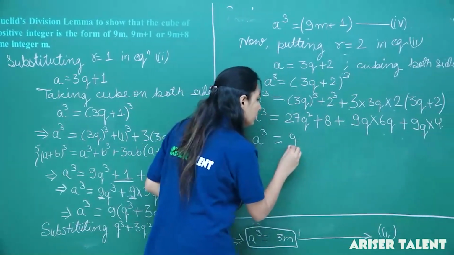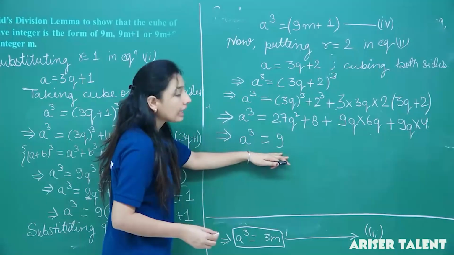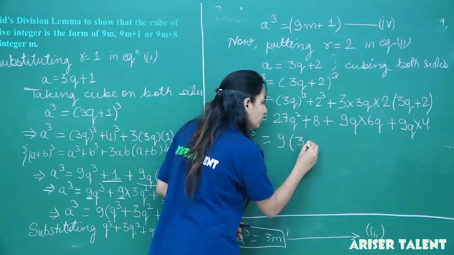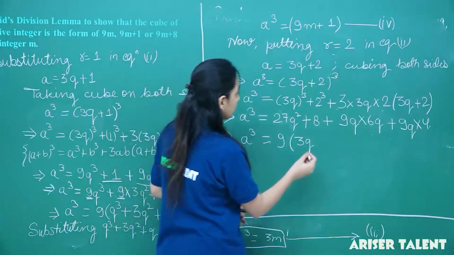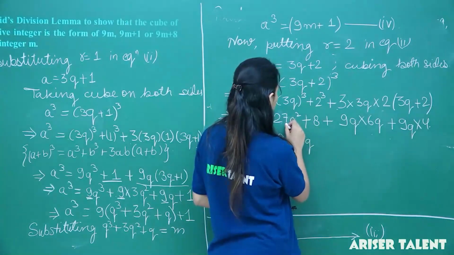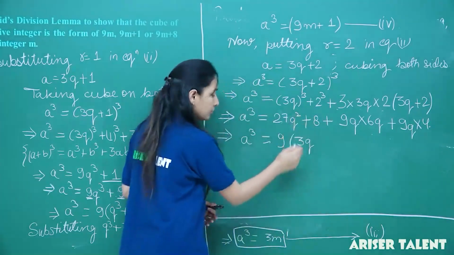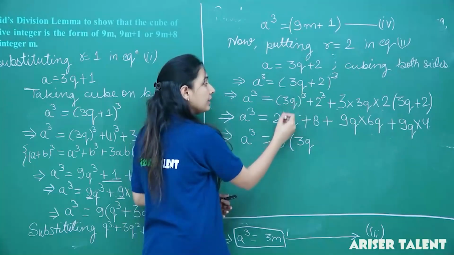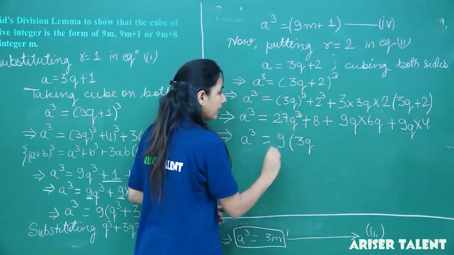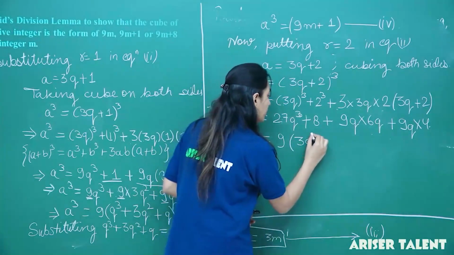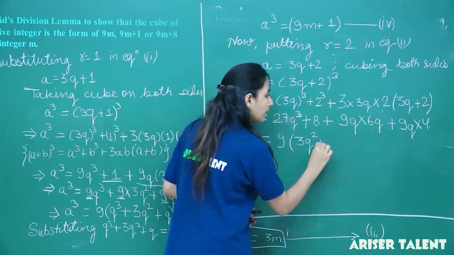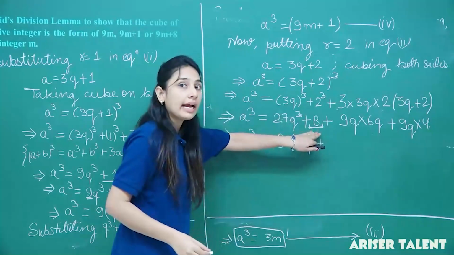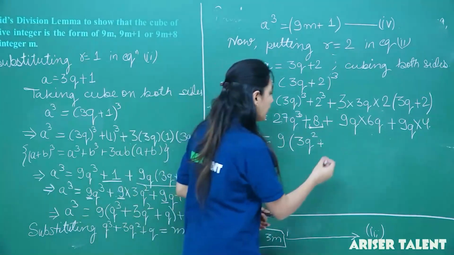We will take 9 out of this expression, and the remaining are 3q cube, that is 27 and q cube, right? So 3q square plus, I am not taking this 8. We will write this 8 at the end of the equation.